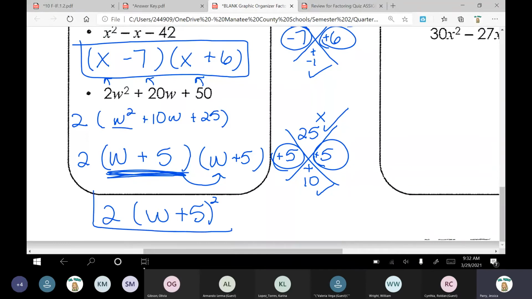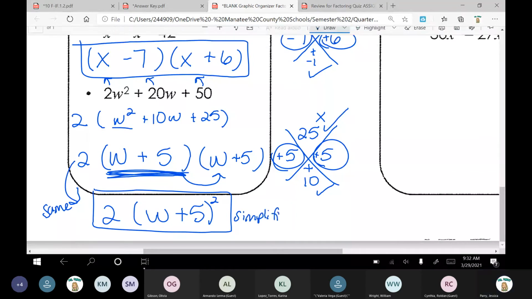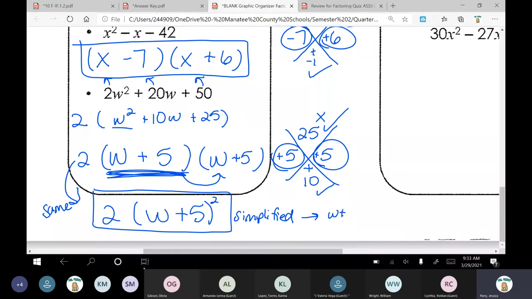So that would be your final answer. Technically, yes, these are the same thing, but this one is the simplified answer. You always want to write your answer in simplified form as much as you can. When we see w plus 5 squared, we know that also means w plus 5 times w plus 5.